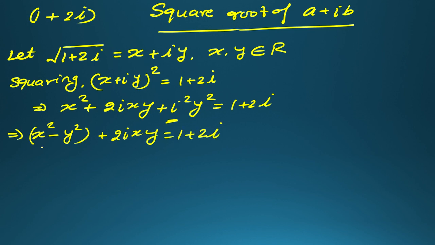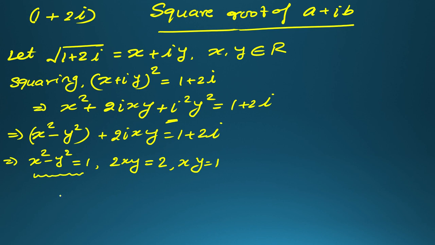Now if you compare the real and imaginary parts from both the sides, what will you get? x square minus y square is equal to 1 and 2xy is equal to 2, which means xy is equal to 1. So one equation is x square minus y square is equal to 1, and another equation is xy is equal to 1. We have to solve these two equations to get the values of x and y.